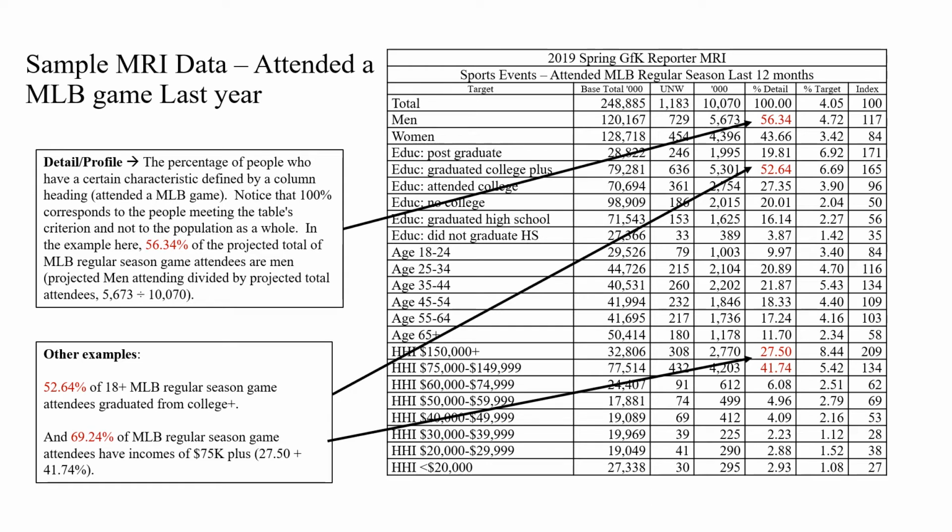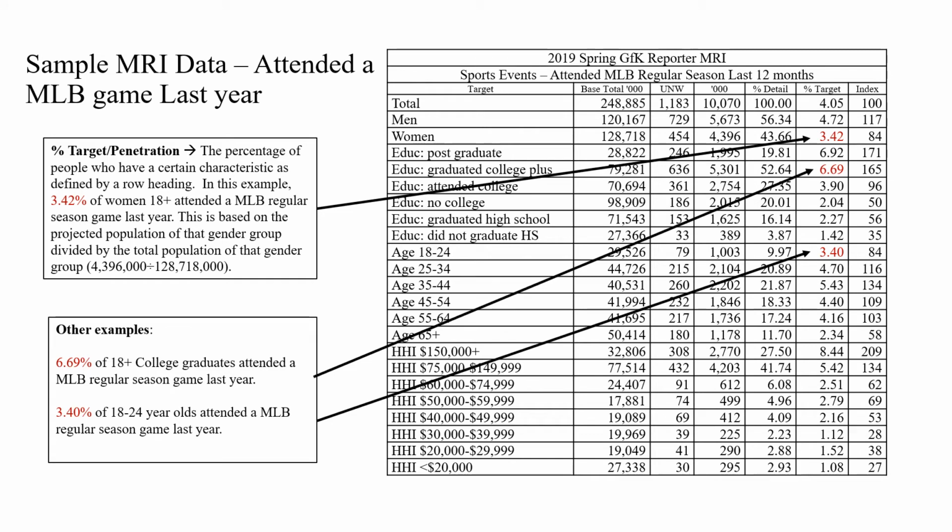And it tells us that of the population, 56.34% were men, 52.64% were college graduates, and a total of 69.24% had incomes over 75,000. We got that number, of course, by adding those two boxes together. So that's how you interpret the profile or detail column of data.